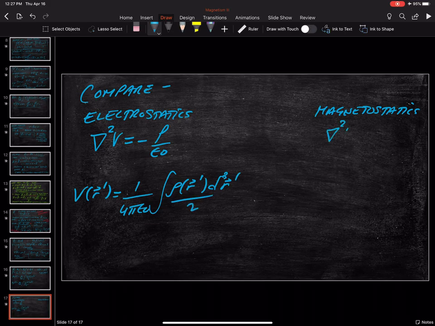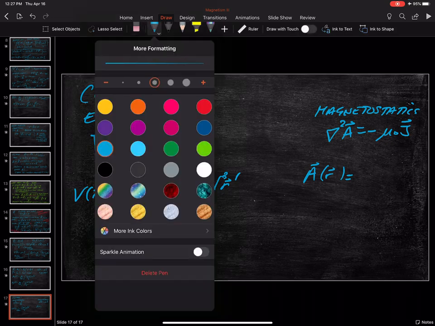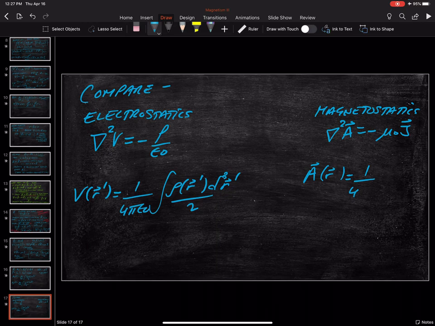Here, del squared A is minus mu naught J. And so the solution here, A of r, again it's 3 equations, is mu naught over 4 pi integral J of r prime d3 r prime all over r. So notice, this is exactly the same thing as taking my solutions for the voltage and then replacing 1 over epsilon naught with mu naught, and V goes to A.